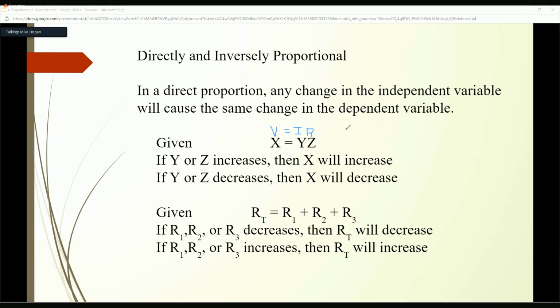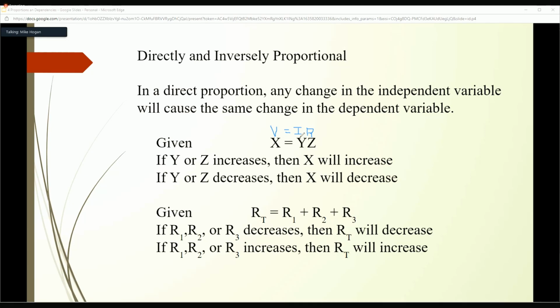Now, that is what we mean when we say directly proportional. We're talking about two components that are directly proportional. As one increases, the other will increase. You can see here they're talking about X, Y, Z in terms of dependent variables and directly proportionate and independent variables. Given Y or Z increases, then X will increase.